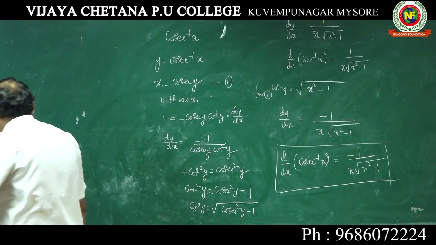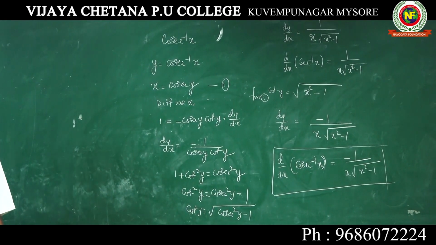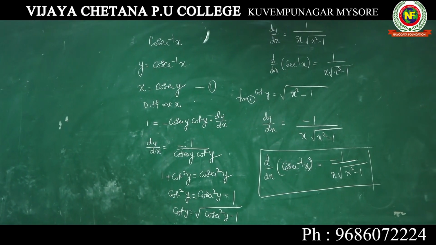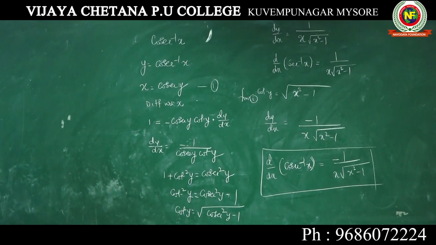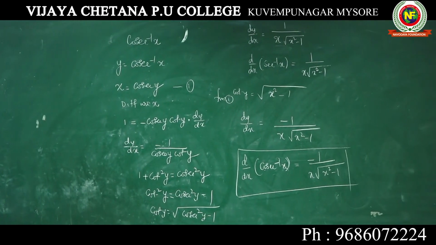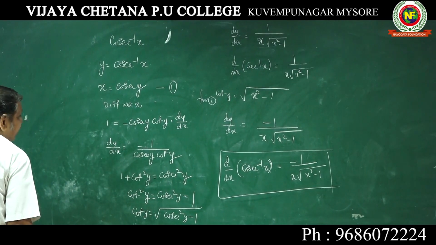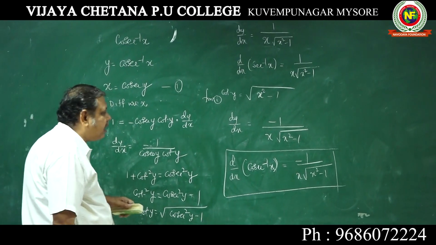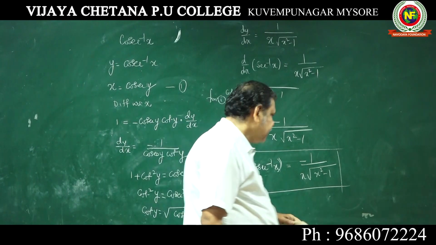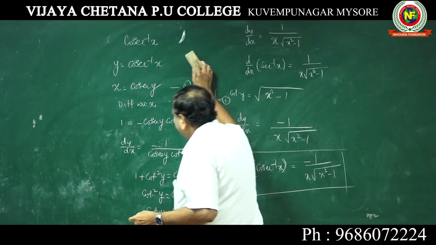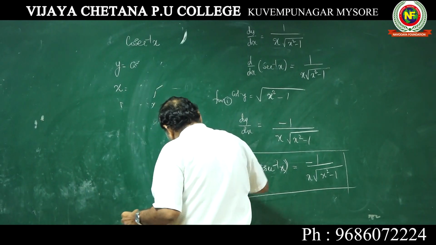Now let us consolidate and write all the 6 differentiations of the 6 inverse trigonometric functions neatly in one big box, because it is a very important thing you should know. Afterwards we shall start doing problems.